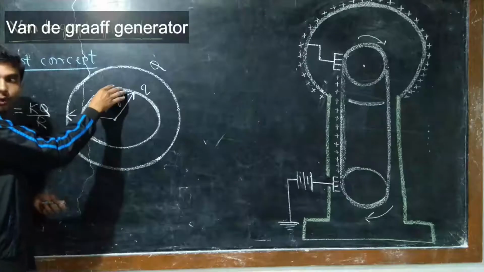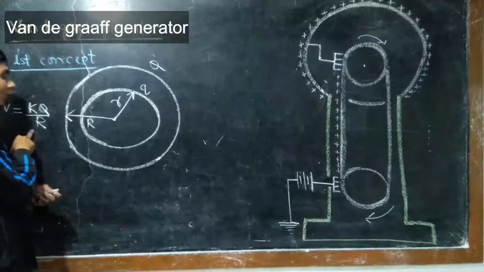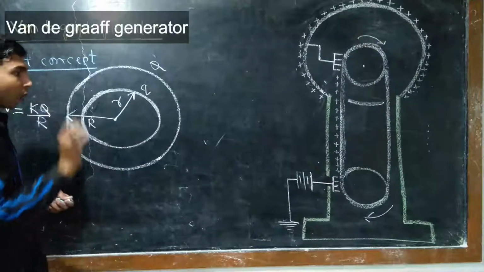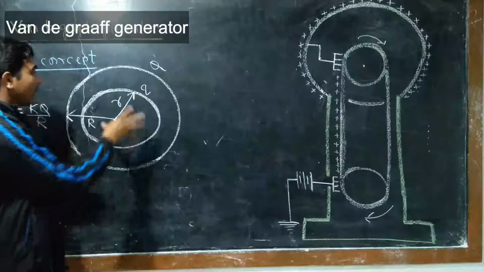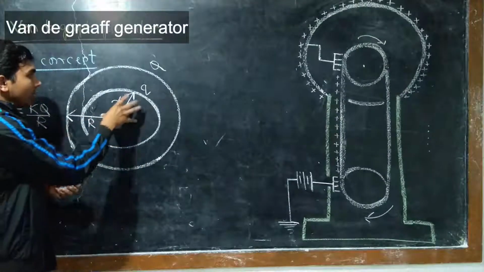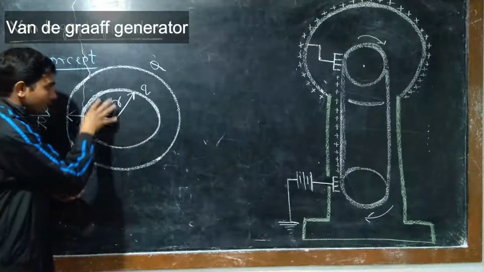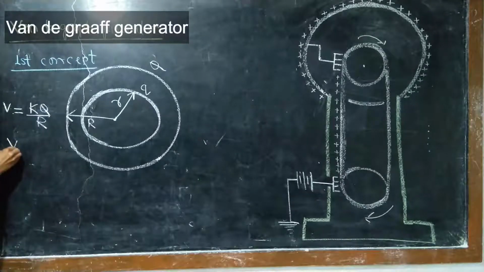That means on this surface also there will be potential due to the bigger one, and that value will be kQ by R. Now I bring another sphere, right? So how much potential on this surface due to the smaller one?